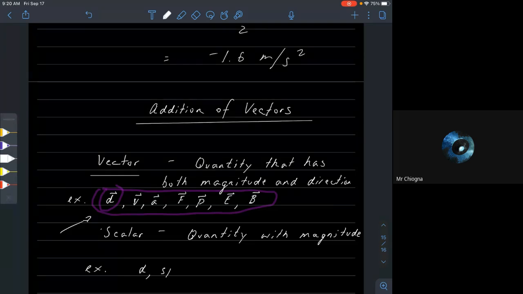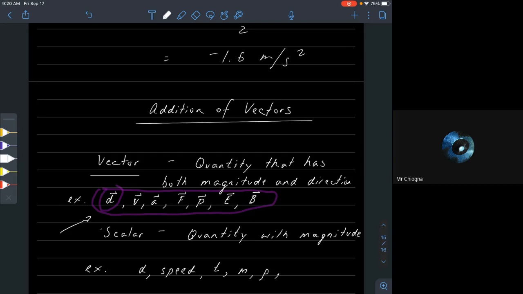Speed. Time. Mass. Density. Although density can be a vector sometimes. Yeah, you can turn it into a vector. What else?